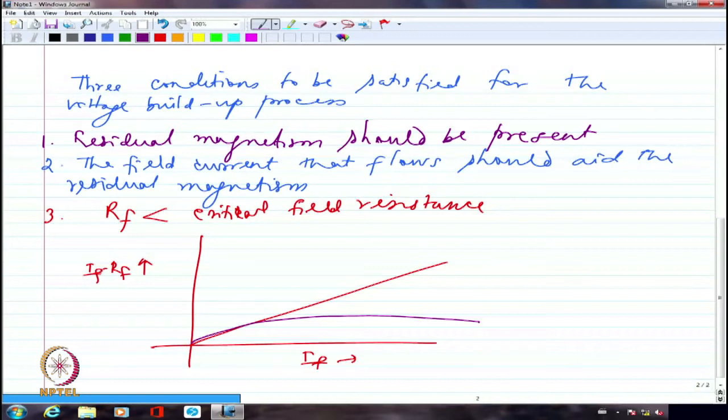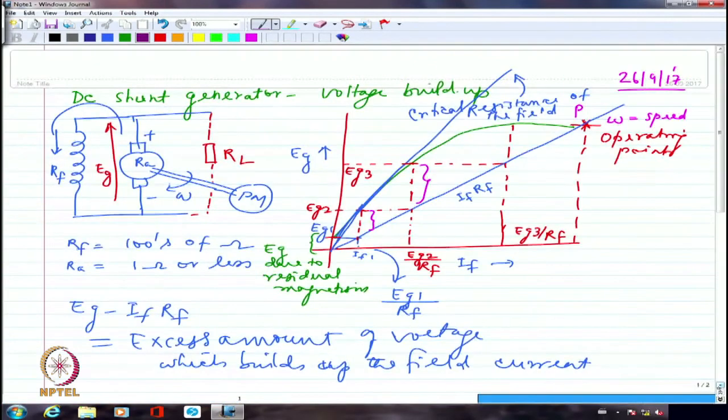So if I try to draw it, for example, in the previous page, so I had drawn this as the resistance line, first to start with. So maybe if I had had the OCC at another speed, maybe, right?